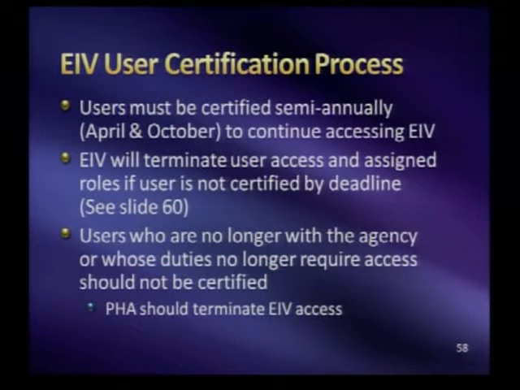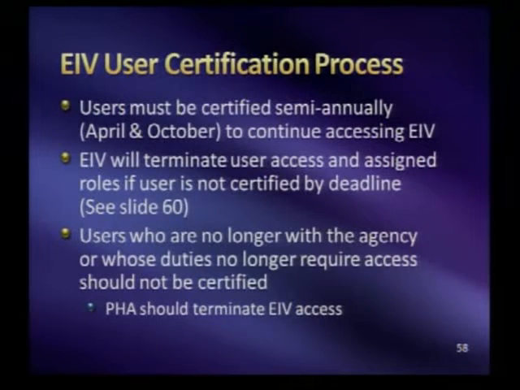Now, the EIV user certification process is right around the corner, and do keep in mind that all users must be certified semi-annually. We used to be a quarterly process, now it's a semi-annual process. The certification process begins on October 1st and ends on October 30th. The next one will be in April, begins April 1st, ends on April 30th, and here is where you're basically telling HUD these individuals still need to have access to EIV, okay?